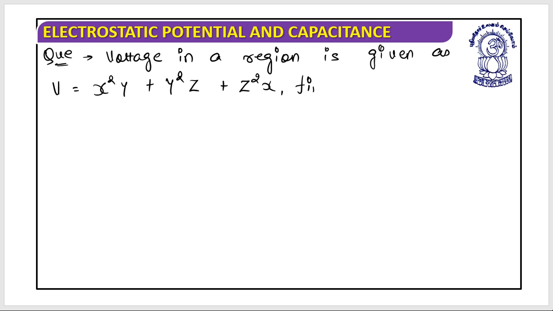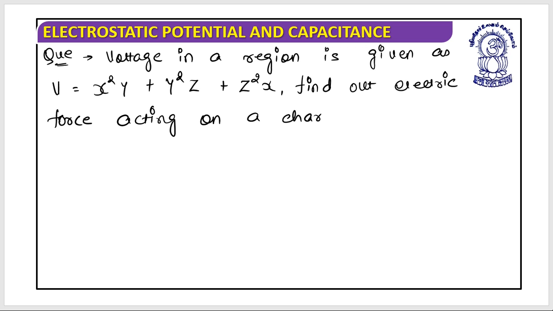You've been asked to find out the electric force acting on a charge of 2 coulomb at 1 comma 1 comma 1. You need to find out the electric force acting on a charge of 2 coulomb at 1 comma 1 comma 1. This is what they have asked.